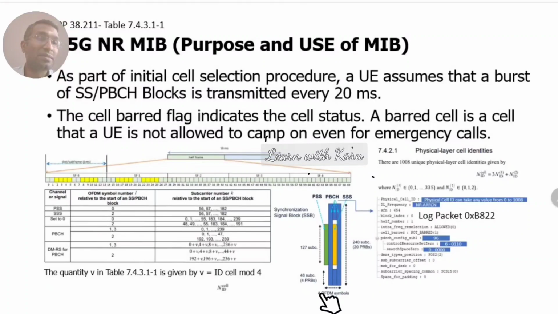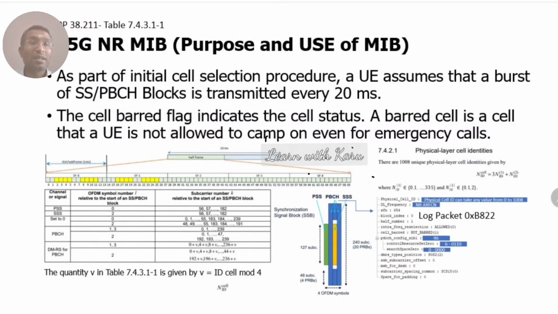Here PSS is symbol 0. So symbol 0 means in the actual radio frame, in the first millisecond for subcarrier spacing of 15 kilohertz, it is symbol 2. And in symbol 0, from subcarrier 56 to 182, there are 127 subcarriers. That's where PSS is present.